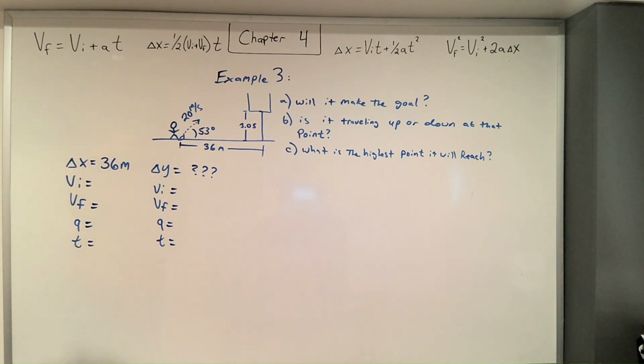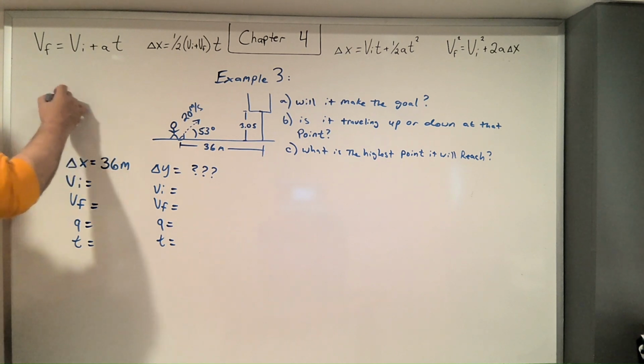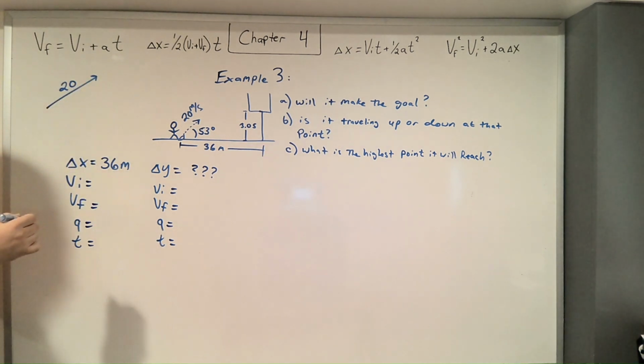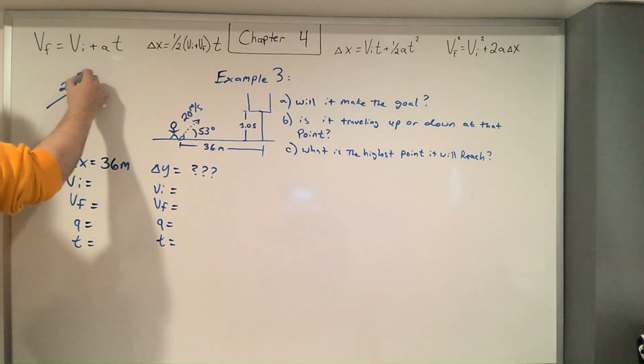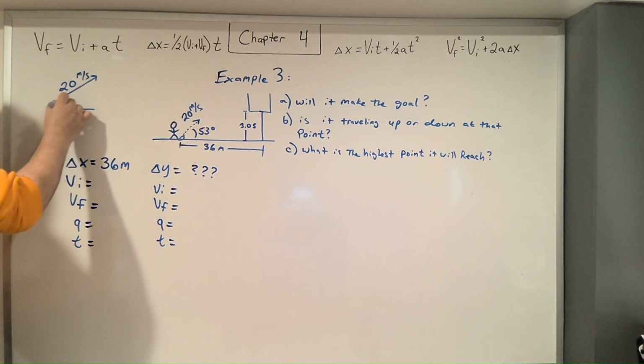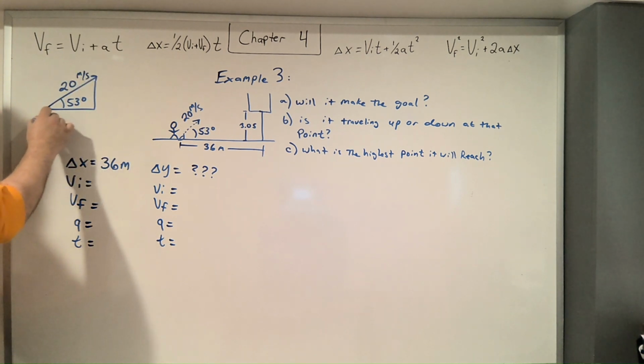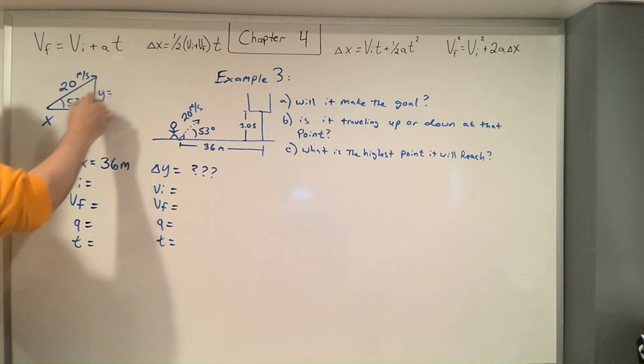Well, same as before. We have a vector here. We need to break that vector down. So it starts off with 20 meters per second, and there's an angle here of 53 degrees, which means I'll have an x component and a y component.